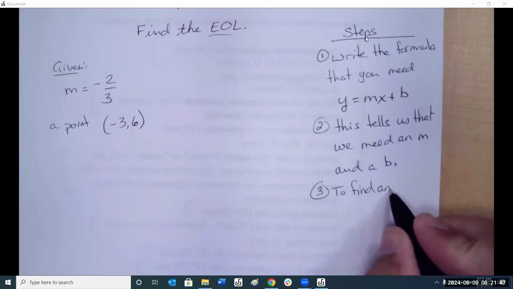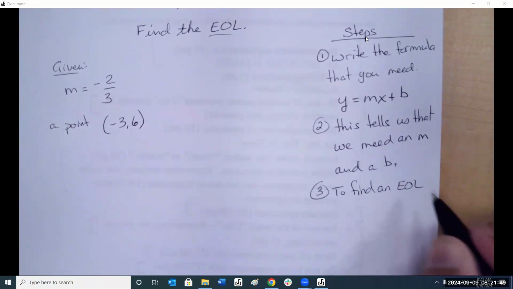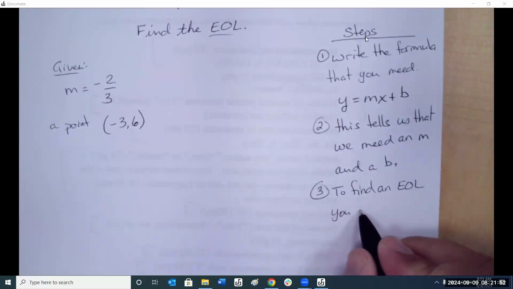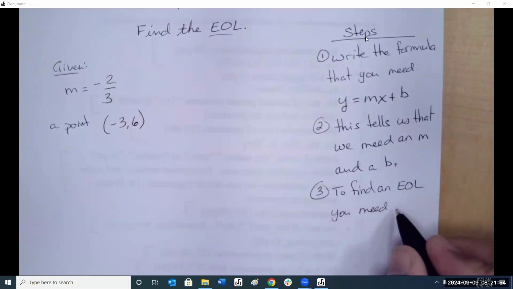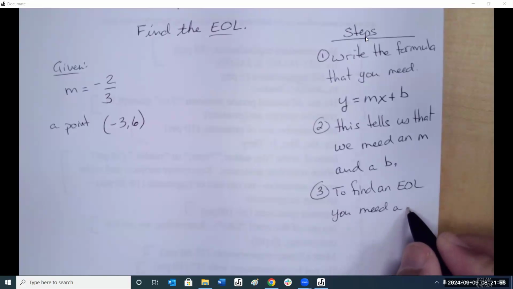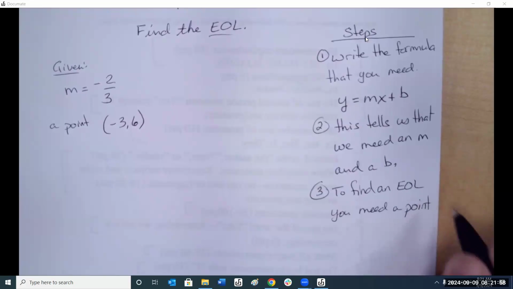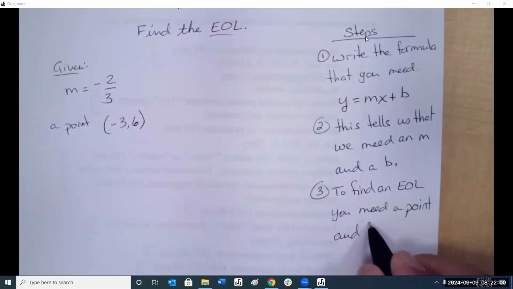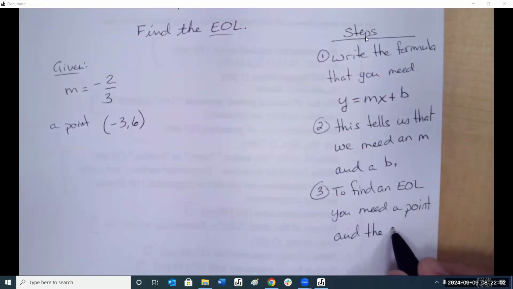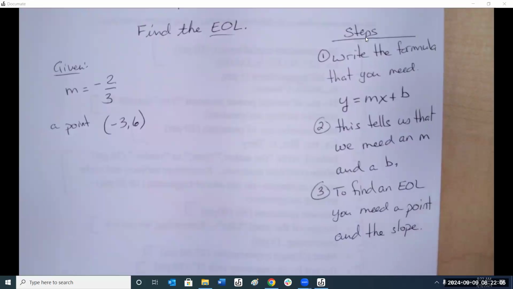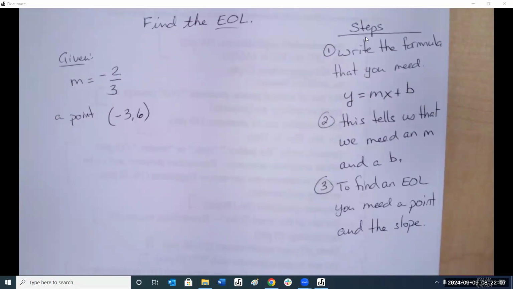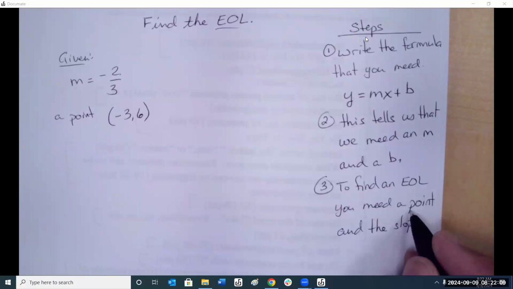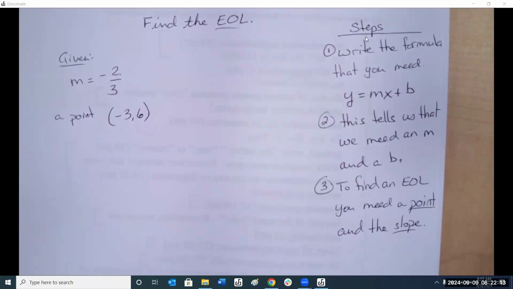To find an equation of a line, you need a point and the slope. So you need these two things. Which one of those do we have? We have both of them. Okay, so what do we do with those?